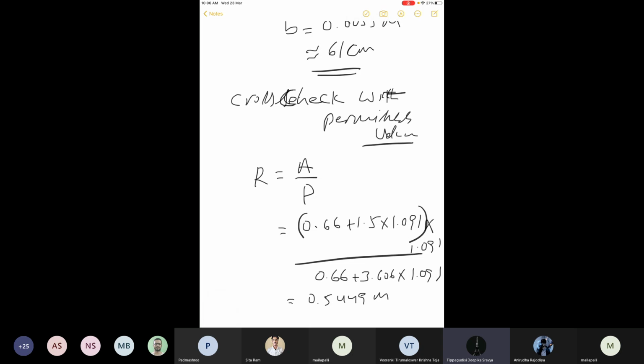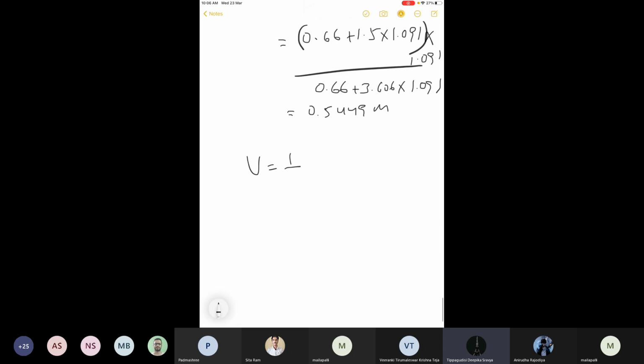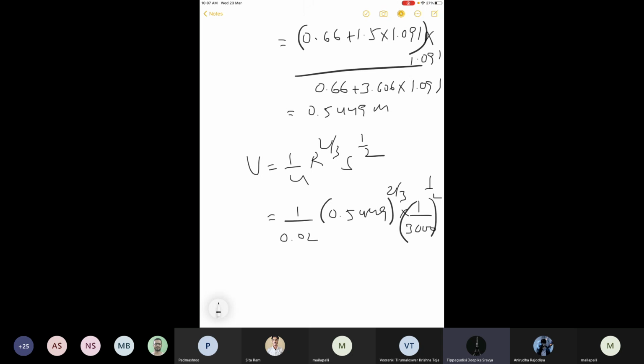Substitute this R value into the velocity equation, V is equal to 1 by N, R power 2 by 3, S power half. You get 1 by 0.02 into 0.5449 power 2 by 3 into (1 by 3000) power 1 by 2, and you get 0.609 meter per second.